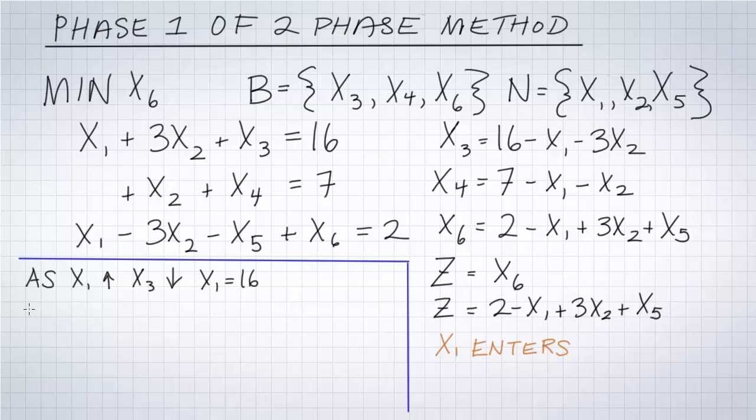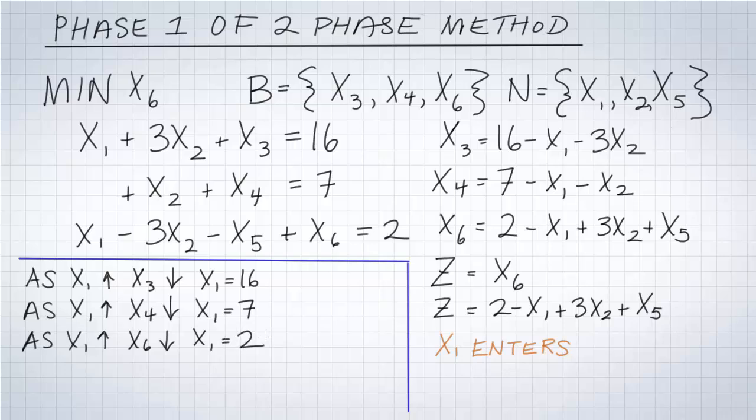And in the second constraint, as x1 goes up, x4 comes down, and it can go up to 7. And in the third constraint, as x1 goes up, x6 comes down, until x1 is equal to 2. So clearly, this last constraint is the one that is limiting on x1, and therefore x6 departs.